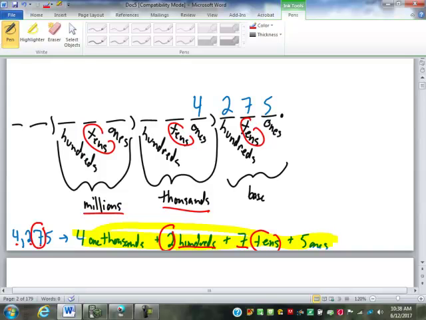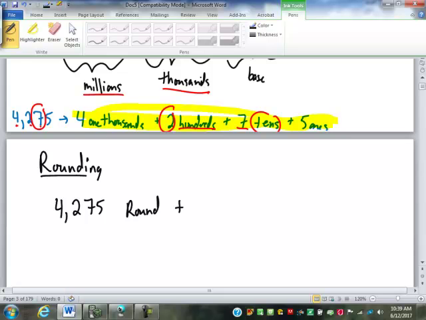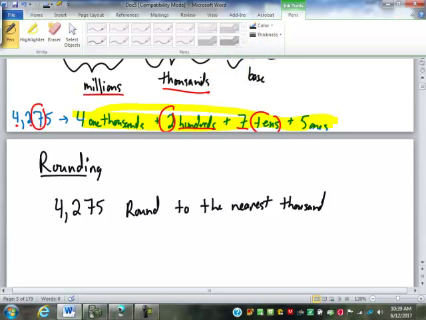One of the other things that these place values are important for is rounding. If I give you 4,275 and I ask you to round to the nearest 1,000, to the nearest 1,000 or nearest 1,000 would mean the same thing.